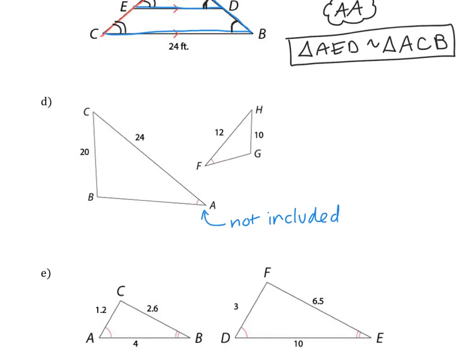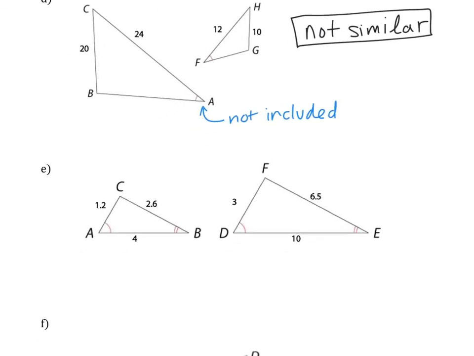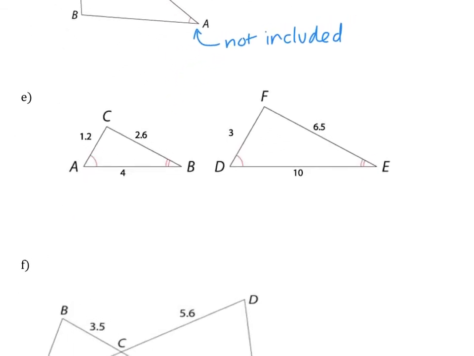So the included angle that we would like to know about would be here, angle C and angle H. So unfortunately, this is not enough information to show, so we would say not similar. Again, if we knew that the included angles were congruent, then we could check to see if the sides are proportional, but here we don't know anything about the included angles, so we aren't even going to check the sides.